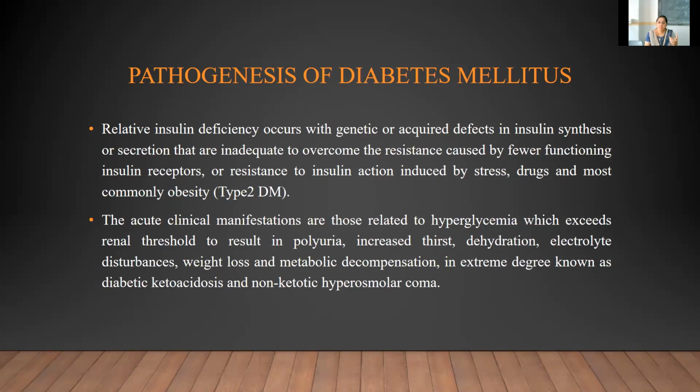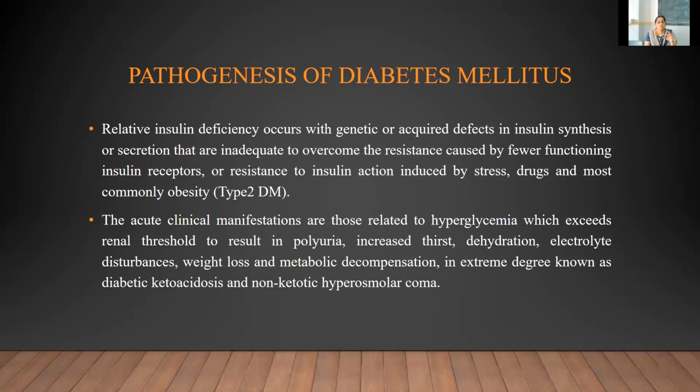And then electrolyte disturbances. When your water is being eliminated, along with that important ions, electrolytes, sodium, potassium, are also getting eliminated. So there is an electrolyte imbalance which could lead to dizziness and cognitive disabilities. Then you have weight loss.